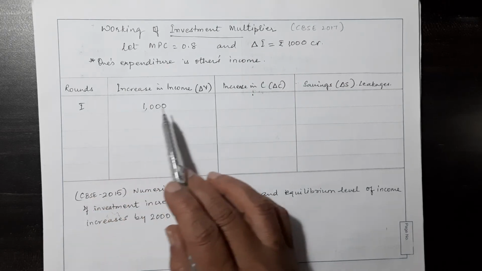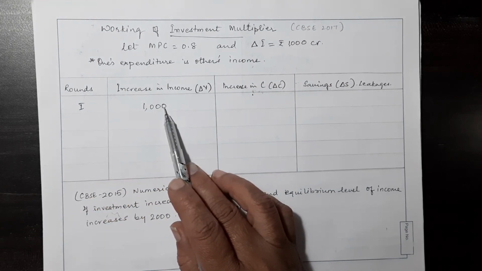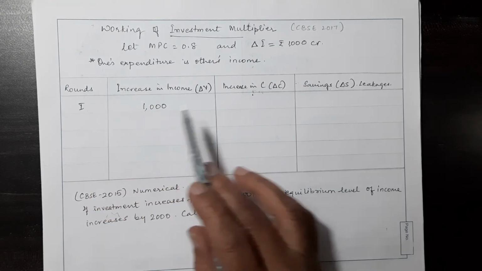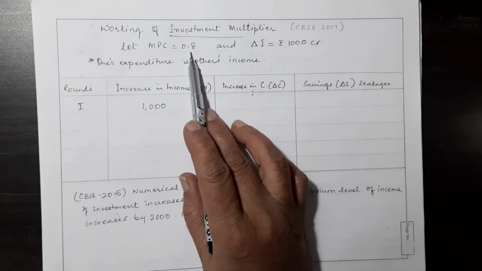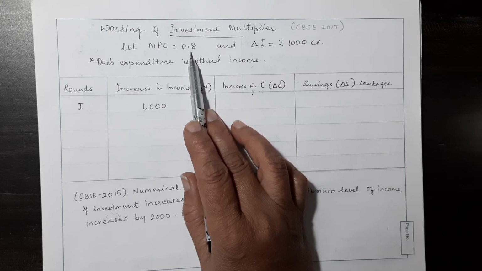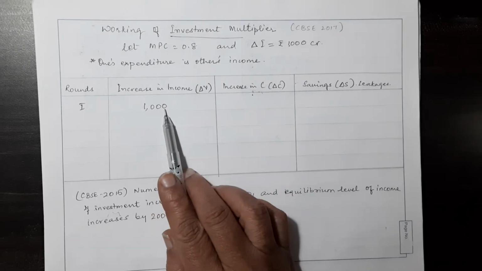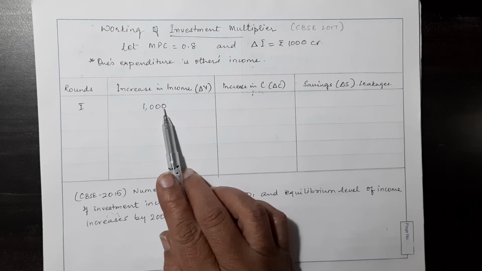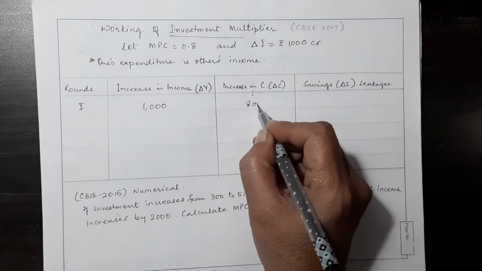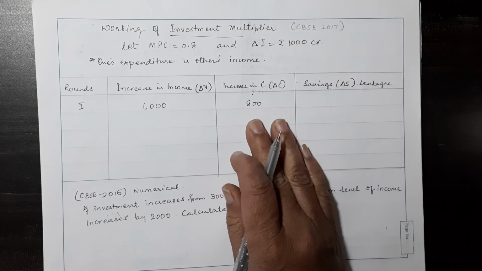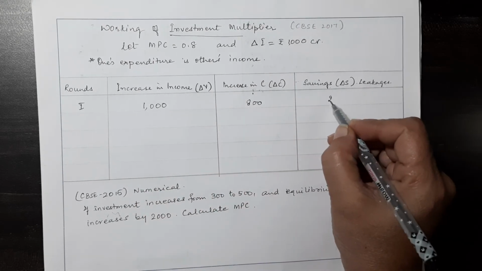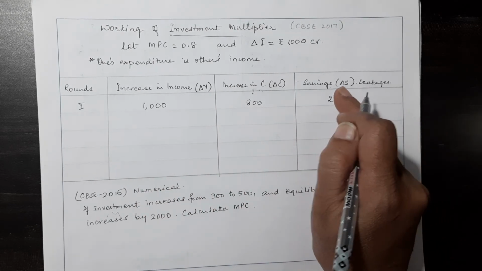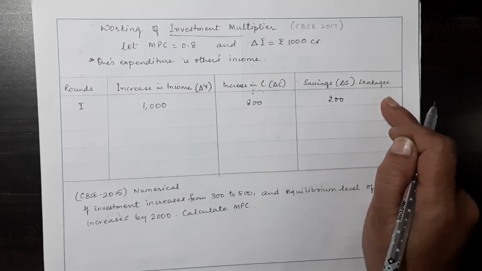So in the first round, the increase in income will be 1000 crore and MPC is given as 0.8. What is 0.8? It means 80% of it is consumed. 80% of 1000 becomes 800. If 800 is consumed, 1000 minus 800 gives us 200 that is saved, which is otherwise called leakage.